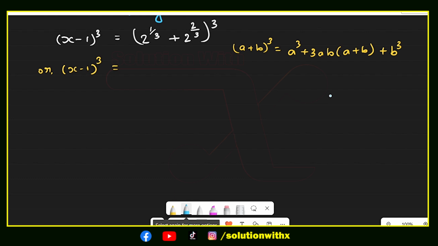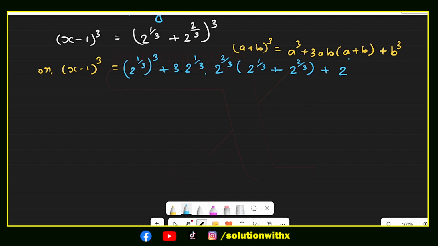Using this formula, where 2 power 1 by 3 is taken as a and 2 power 2 by 3 is taken as b, we can write (2 power 1 by 3) whole cube plus 3 times 2 power 1 by 3 times 2 power 2 by 3 times (2 power 1 by 3 plus 2 power 2 by 3) plus (2 power 2 by 3) whole cube.